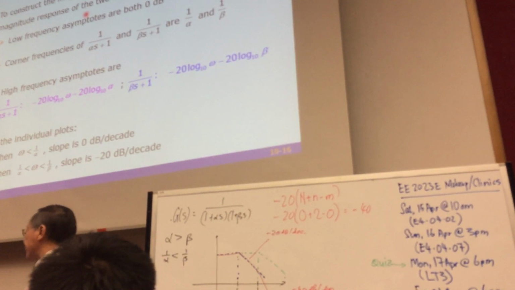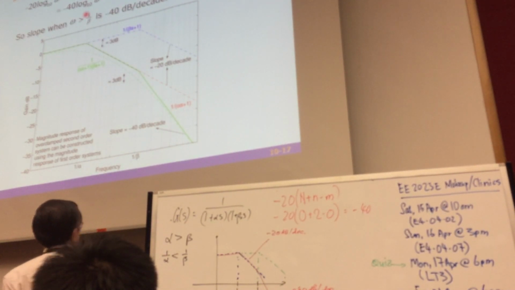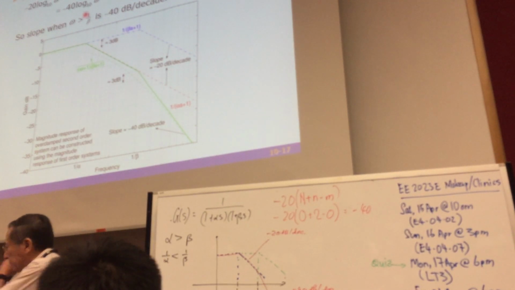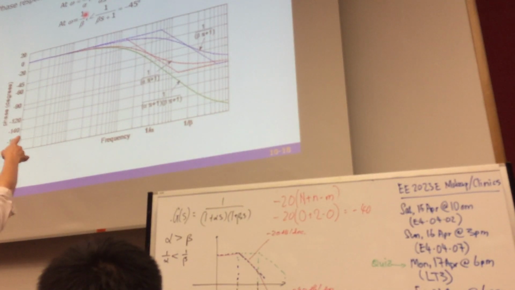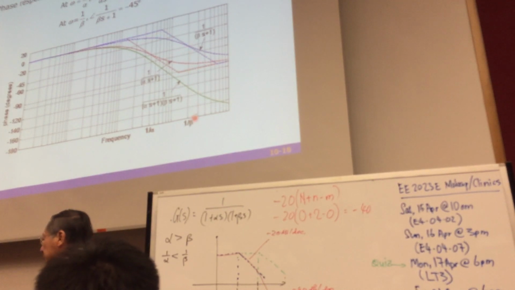Now you can do the same thing for the phase, alright, and this is what you get. So I think I do the same notation, blue, red, and green. Alright? The same thing for the phase. I think it's a clear diagram. So again, for the blue, the minus 45 degrees is at 1 over beta in the column.